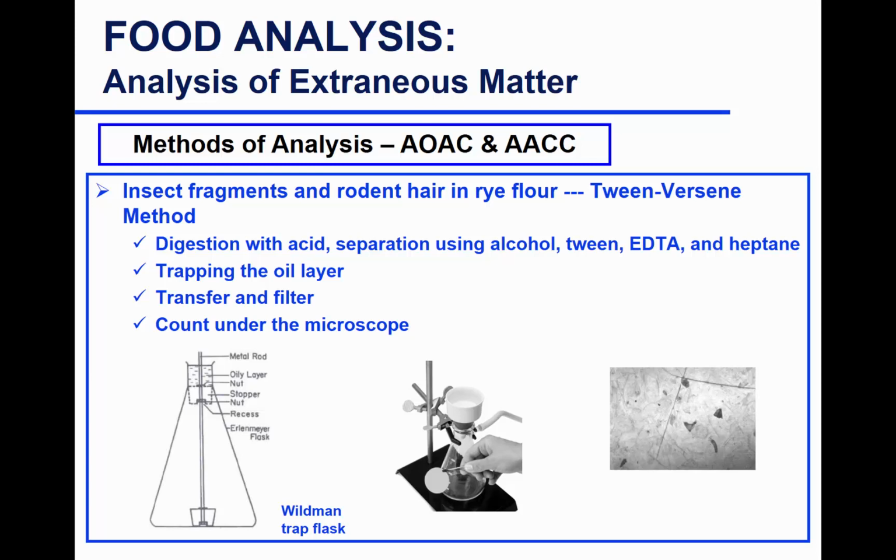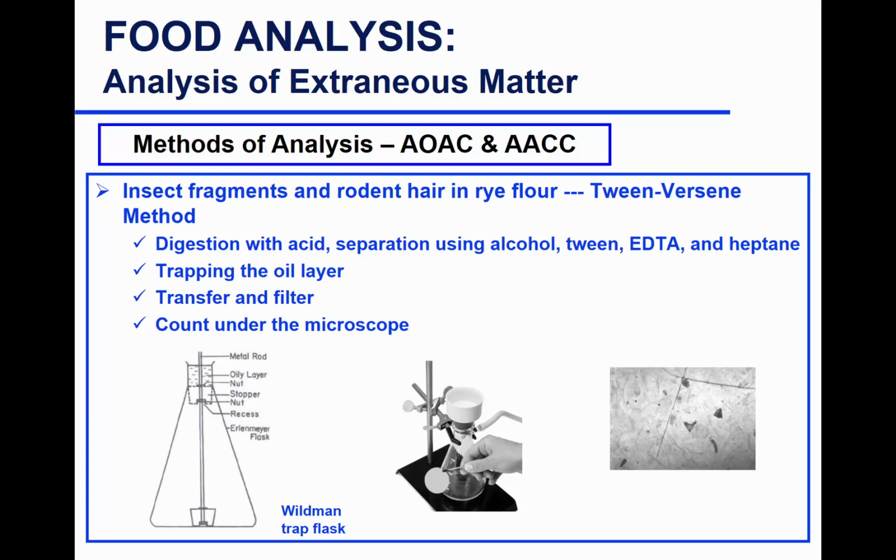You use alcohol and Tween. Tween and EDTA are mainly used if you have bran, to make the bran heavy and not allow it to float with your insect parts and rodent hair. And the heptane is your organic nonpolar phase.